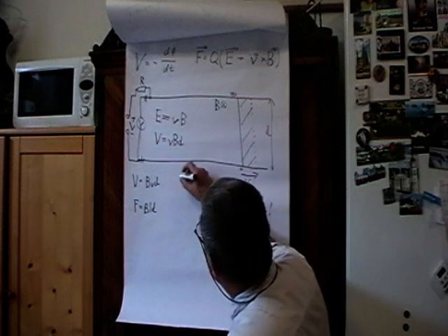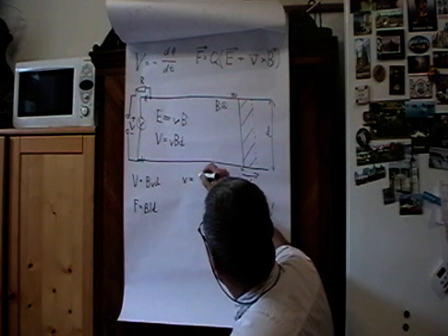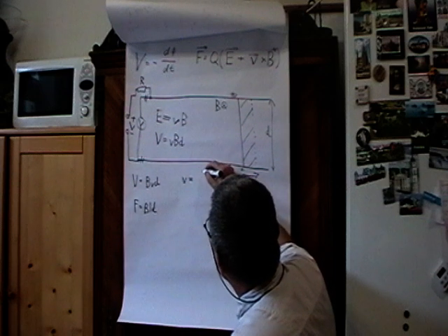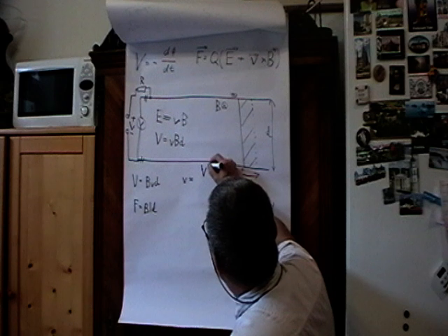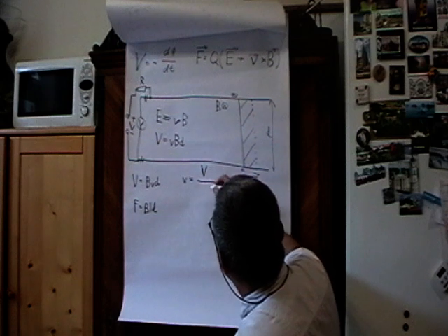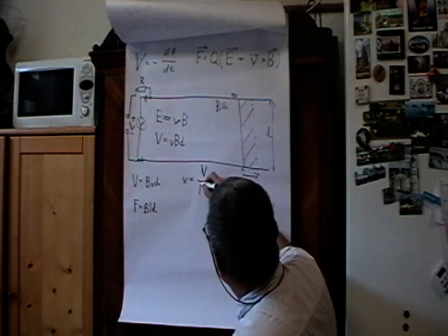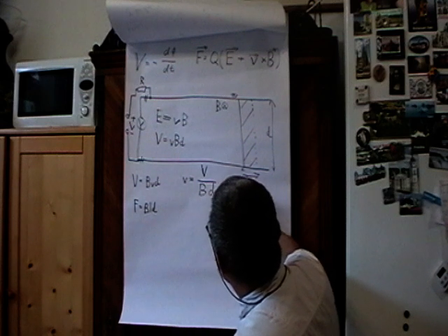So at a speed of v, which is, now I will make a big V to see that this is voltage and this is speed, the voltage divided by the flux density and the length of the stick, v = V/(B·l).